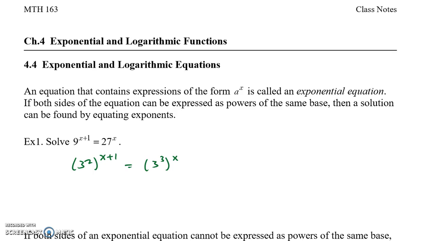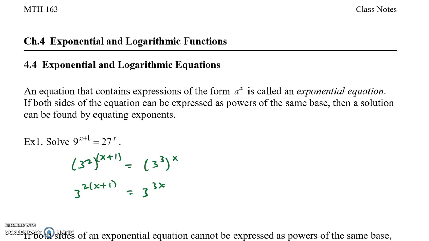Now by properties of exponents, we can multiply the exponents on the left-hand side, writing this as 3 to the 2 times x plus 1. And similarly on the right-hand side, 3 to the 3 times x. So we can multiply the exponents.